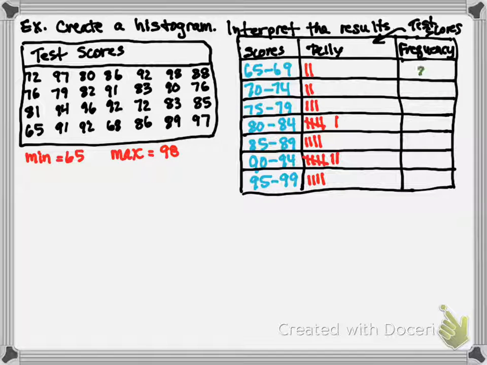So we're going to count up. Let's see, that's 2, 2, 3, 6, 4, 7, and 4. So when I create my histogram, I'm going to do it over here. And we're going to call it test scores.